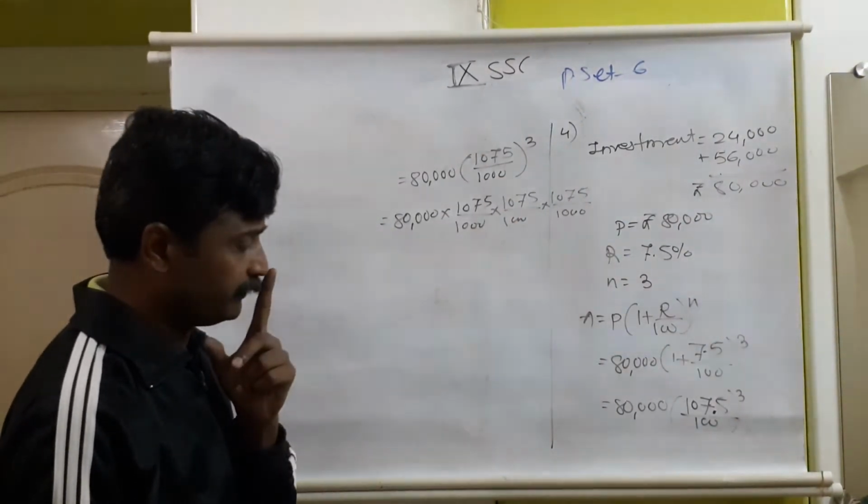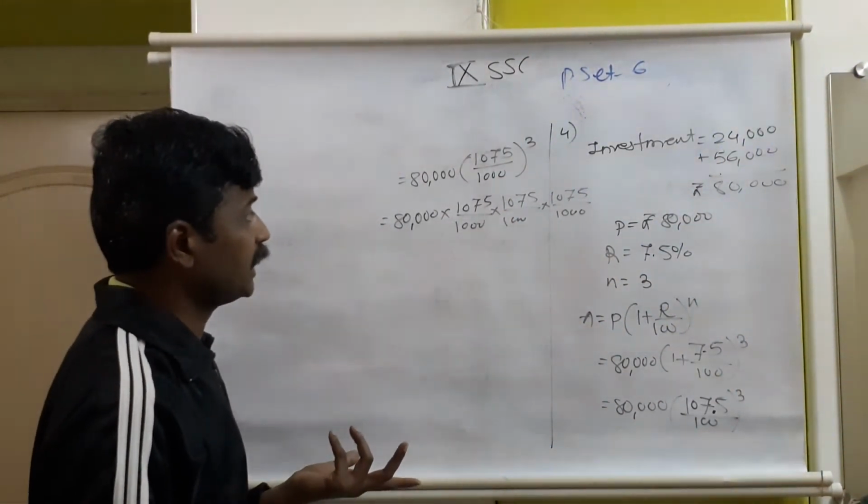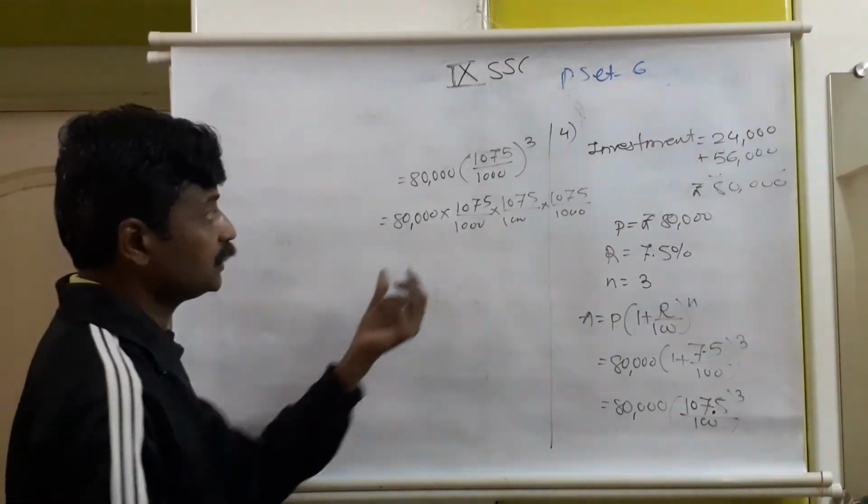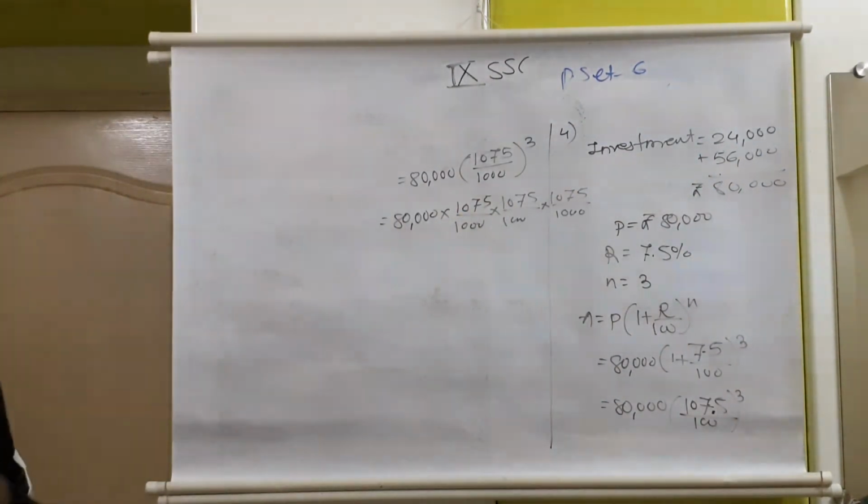This can be simplified first and then multiplied, because this calculation can be bigger.